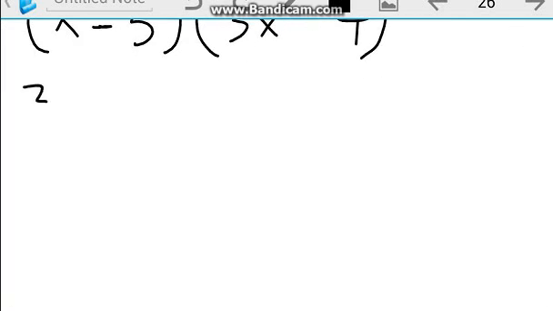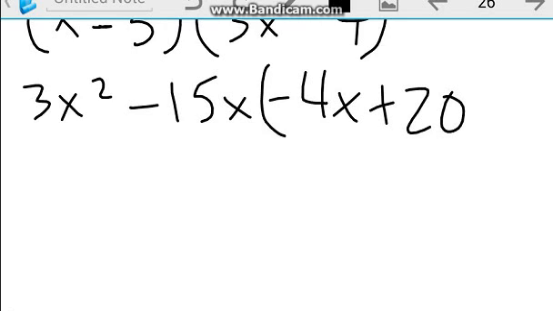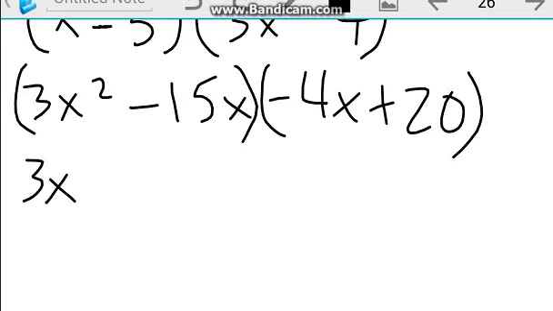We had 3x squared minus 15x minus 4x plus 20. If we do factoring by grouping here, you may see some easier numbers that factor out. Here we can pull out 3x, because 3 is divisible by both 3 and 15, and there's an x in both terms. So we're left with x minus 5.